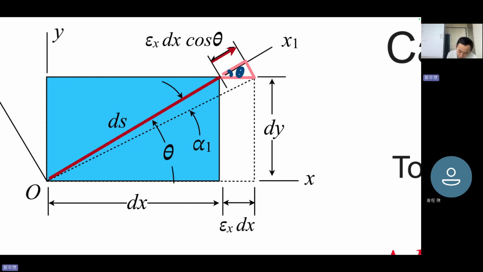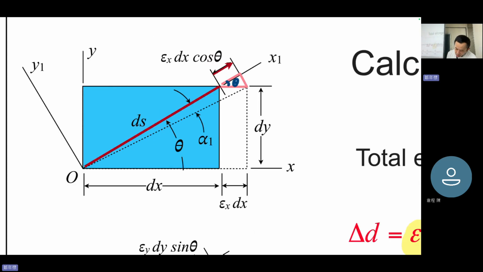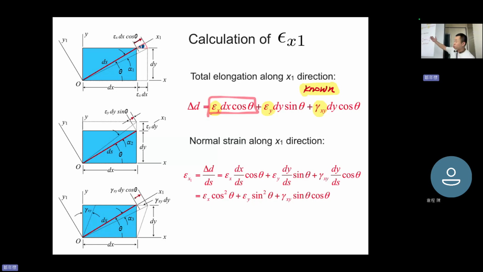So you will have epsilon x dx times cosine theta. So this increment is epsilon x dx cosine theta. All right, so that is the first contribution.